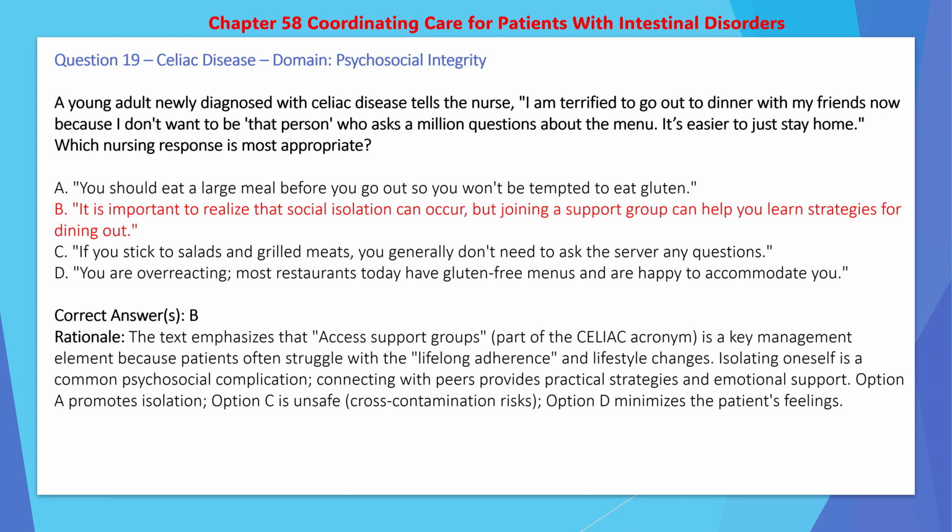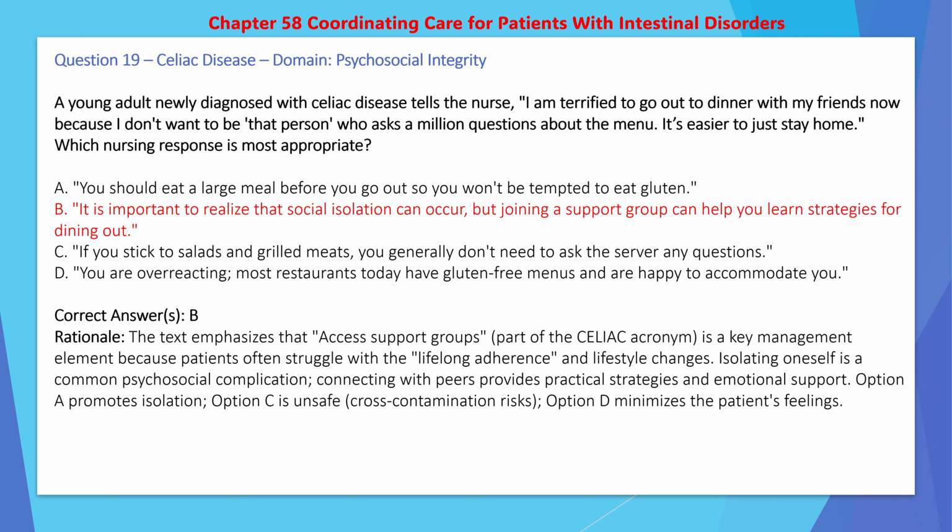So the text emphasized access to support groups for anything, not just for celiac disease. So part of the celiac acronym is a key management element, because patients often struggle with the lifelong adherence and lifestyle changes.